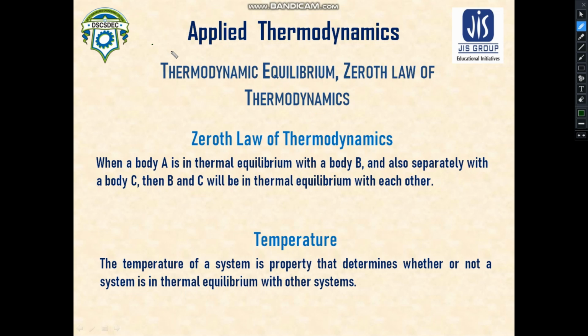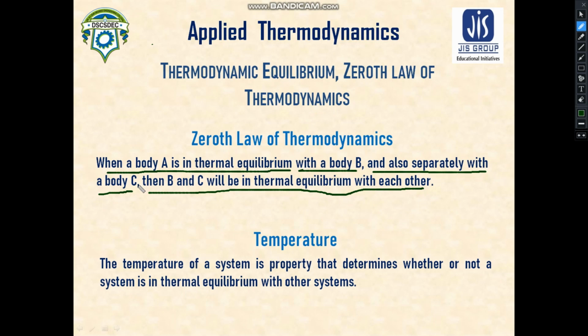Okay, so from that aspect we can define the zeroth law of thermodynamics, which I had just explained. It is written in words. When a body A is in thermal equilibrium with a body B and also separately with a body C, then B and C will be in equilibrium with each other.